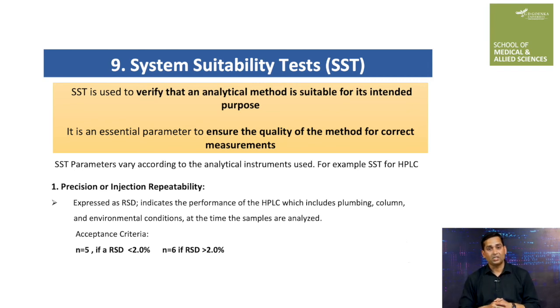Acceptance criteria as per ICH guidelines is for n equal to 5 injection repeatability, RSD should be less than 2%, and for n equal to 6 injection repeatability, RSD can be greater than 2%.